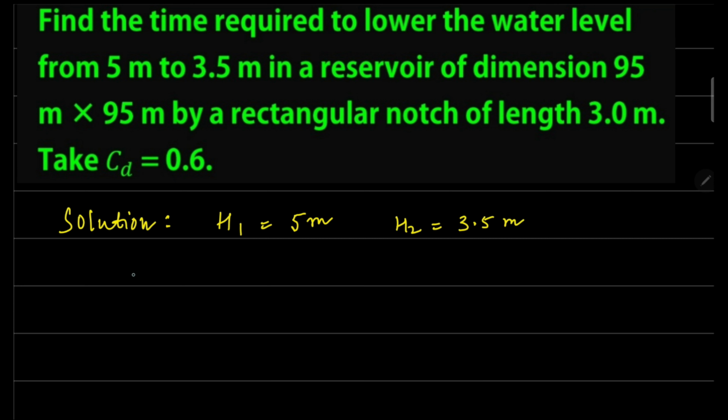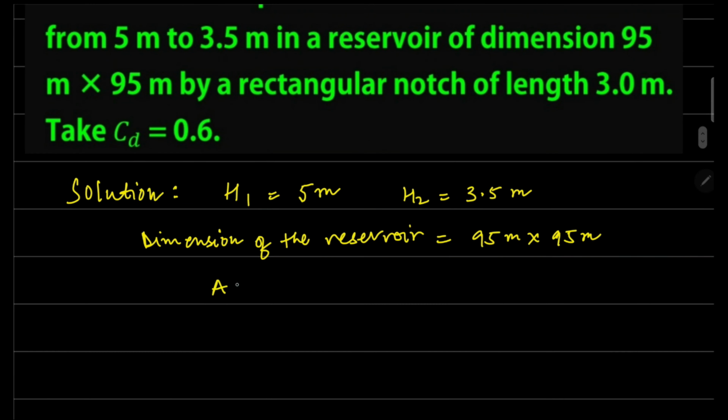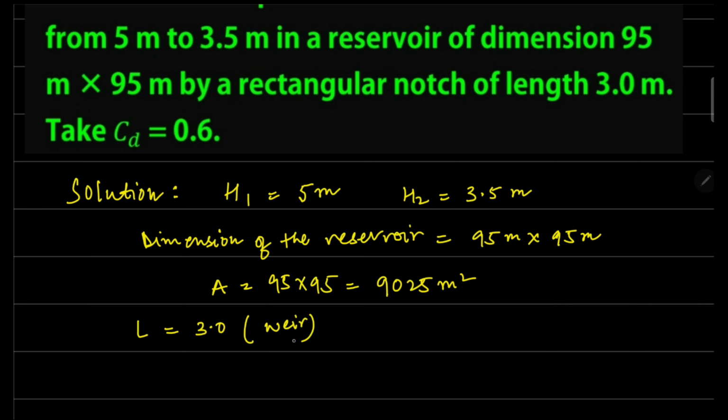Now the dimension of the reservoir is 95 meter by 95 meter, so the area comes out to be 95 multiplied by 95, that is 95 square, which is 9025 meter square. Now the length of the weir is given as 3 meter. This is the weir length. Another point given to us is CD is equal to 0.6.